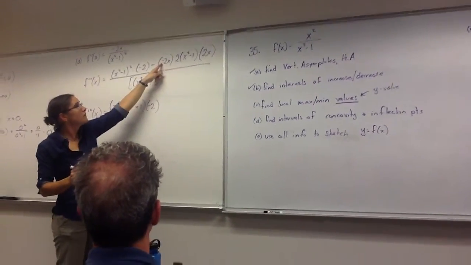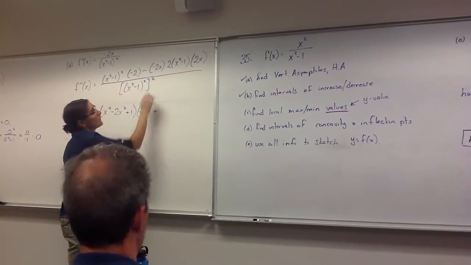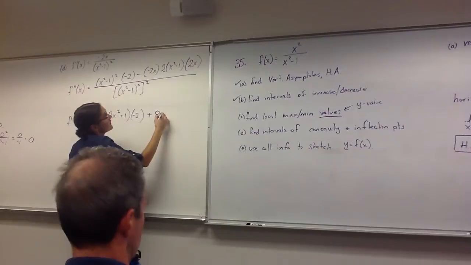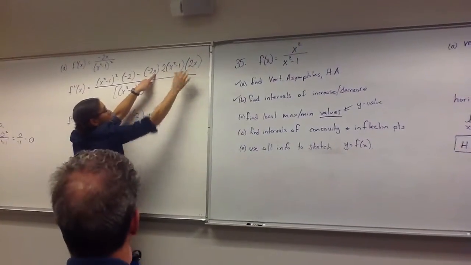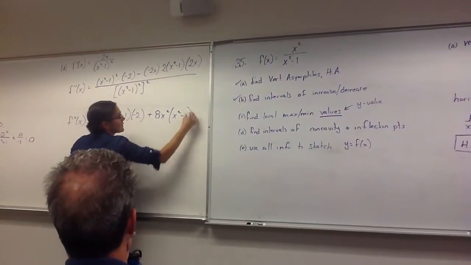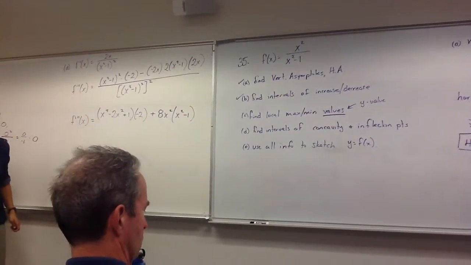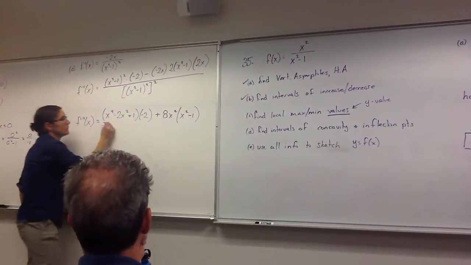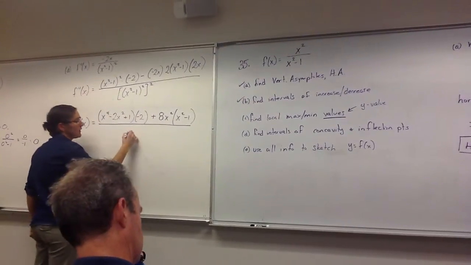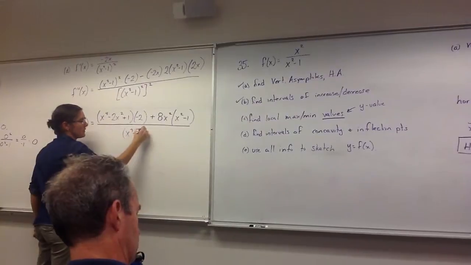I've got 2 negatives, so that will become plus. We've got 3 2's multiplied together, so that's 8. And I'll also multiply the x's, so we have 8x squared, and then times x squared minus 1. And in our denominator, we've got x squared minus 1 raised to the 4th.